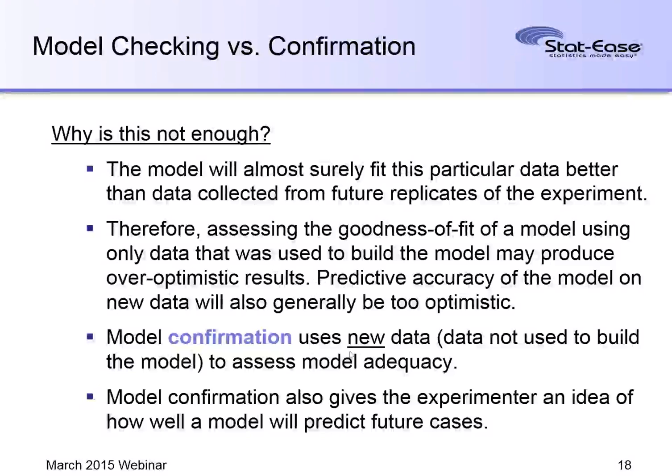So model confirmation uses new, fresh data that was not used to actually build the model in order to assess the model adequacy. Model confirmation gives the experimenter an idea of how well a model will predict future cases.